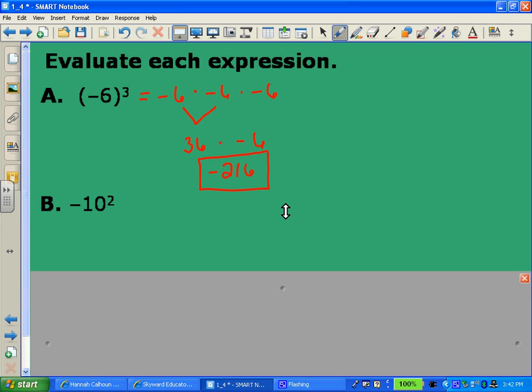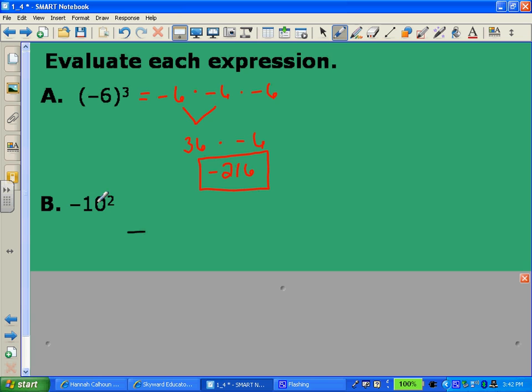Let's look at another one. Okay, we have -10 to the 2nd. Now, notice here that the negative sign isn't in parentheses like it is in part A. That's going to be important here. When it's in parentheses like it was in part A, the negative travels with it every time you multiply it. When it's not in parentheses like it is here, it stays out front.